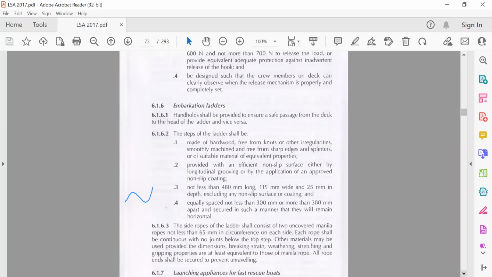If you have a rubber one, of course, it can't get spoiled. And then we have a spreader, after some steps, just to keep this thing in shape so that they don't tangle. You can read more about this embarkation ladder at 6.1.6.